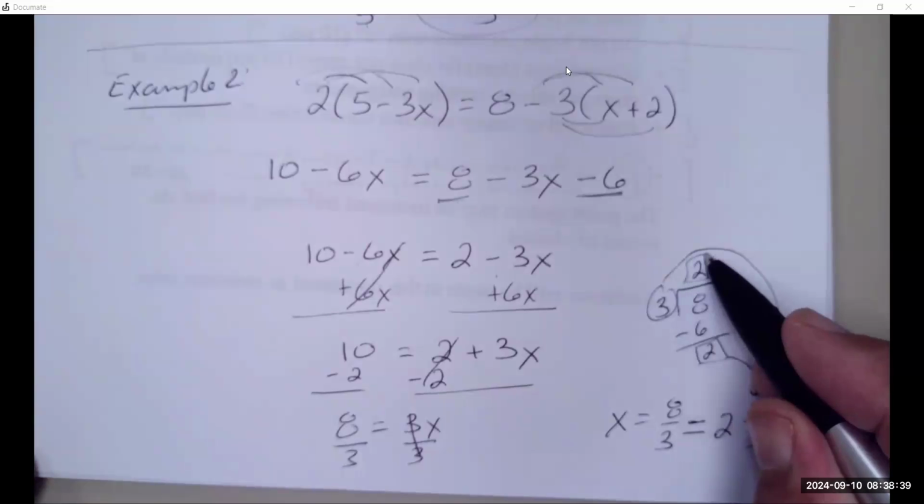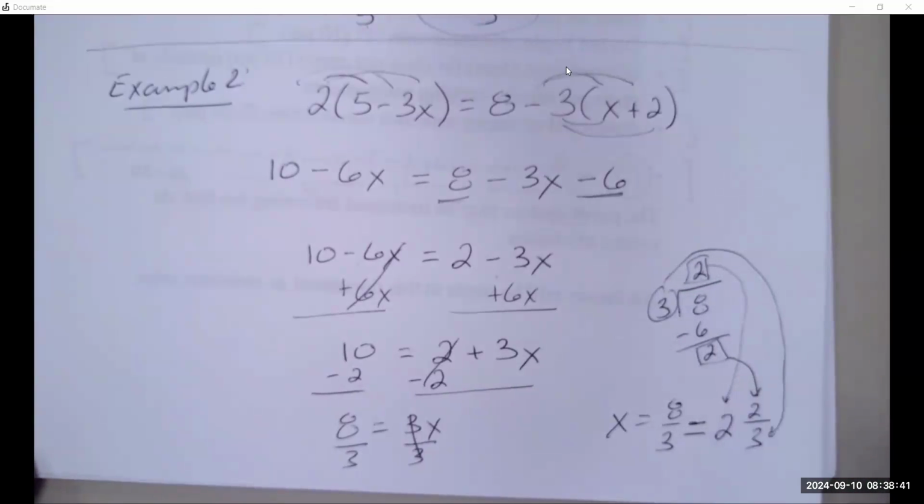And this number here goes in front. So that's our solution.